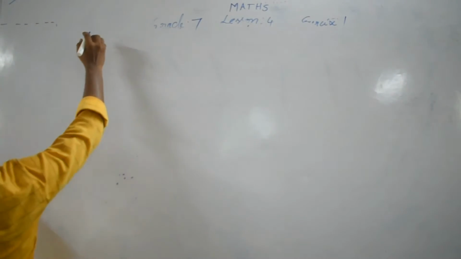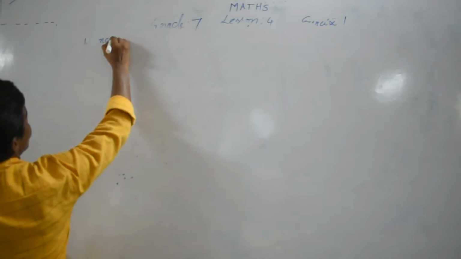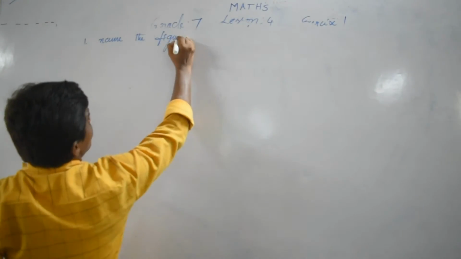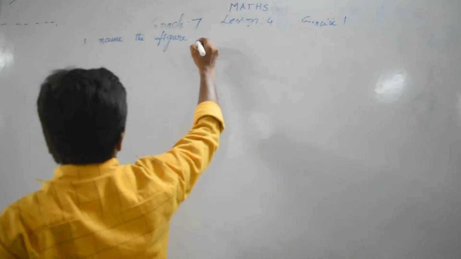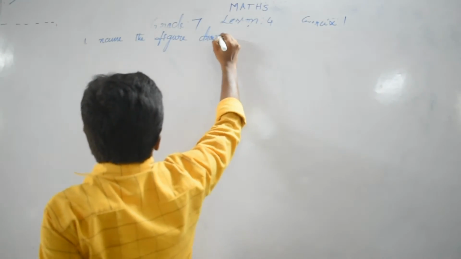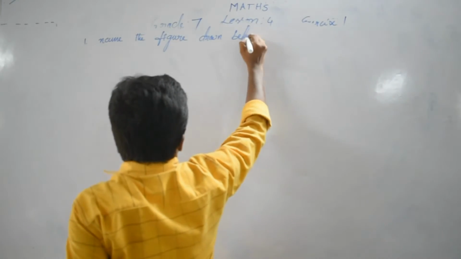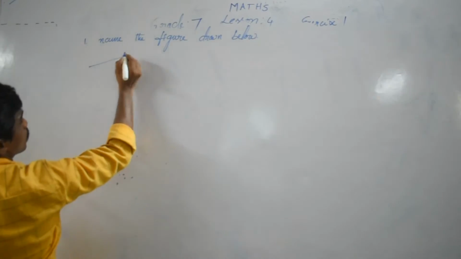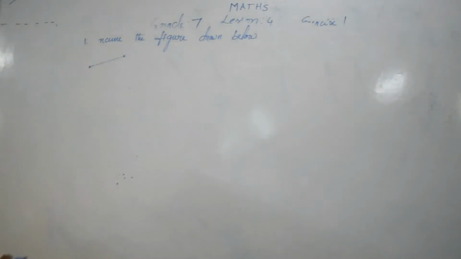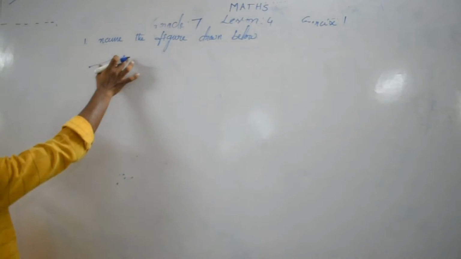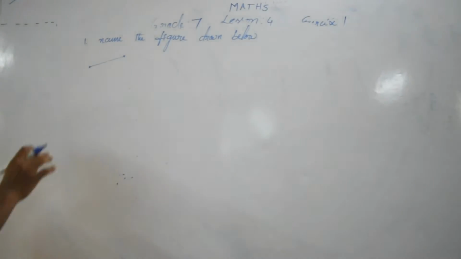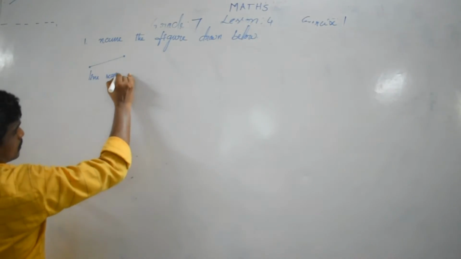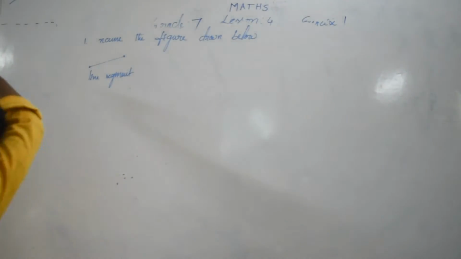Here first one, what is this? Both sides have ending points. What is this? This is a line segment.